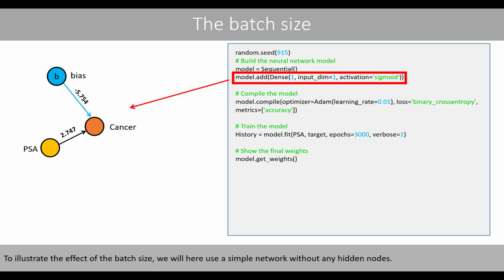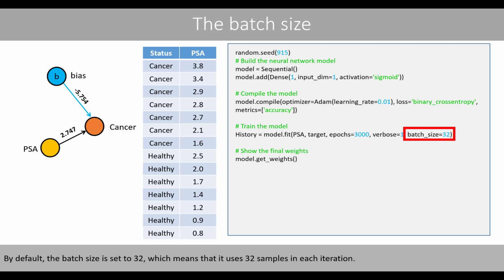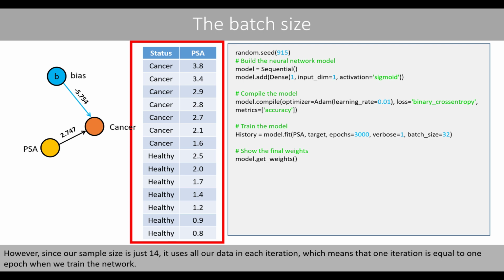To illustrate the effect of the batch size, we'll here use a simple network without any hidden nodes. By default, the batch size is set to 32, which means that it uses 32 samples in each iteration. However, since our sample size is just 14, it uses all our data in each iteration, which means that one iteration is equal to one epoch when we train the network.